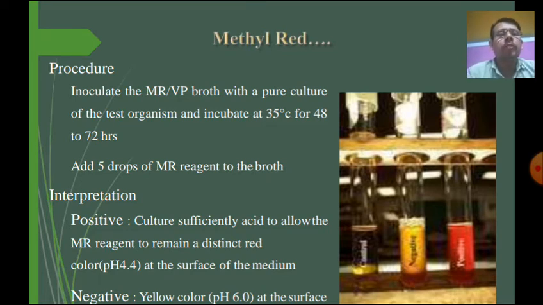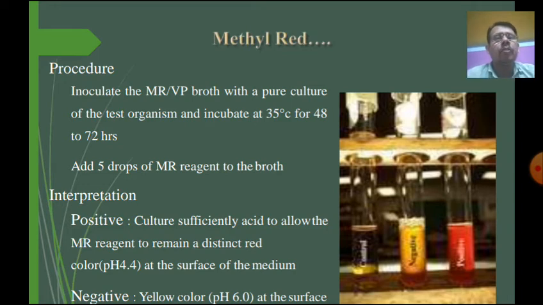Inoculate the MR-VP broth with the test organism and incubate at 35 degrees centigrade for 48 to 72 hours, then add the MR reagent. After adding the reagent, a positive culture is sufficiently acidic to allow the MR reagent to remain a distinct red color, with pH 4.4 at the surface of the medium, as in the right-hand test tube.